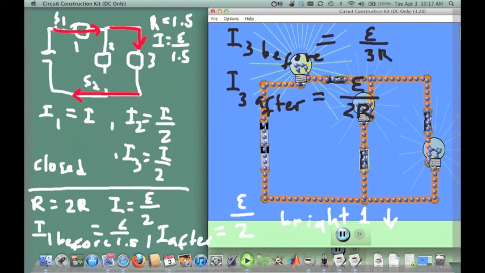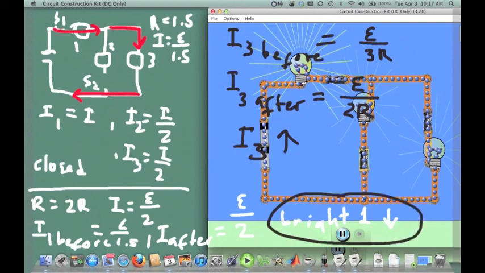Did it go up or did it go down? It went from epsilon divided by 3 to epsilon divided by 2. Is that going up or down? That's going up, right? So the current in light bulb number 3 goes up, and the current in light bulb 1 went down.